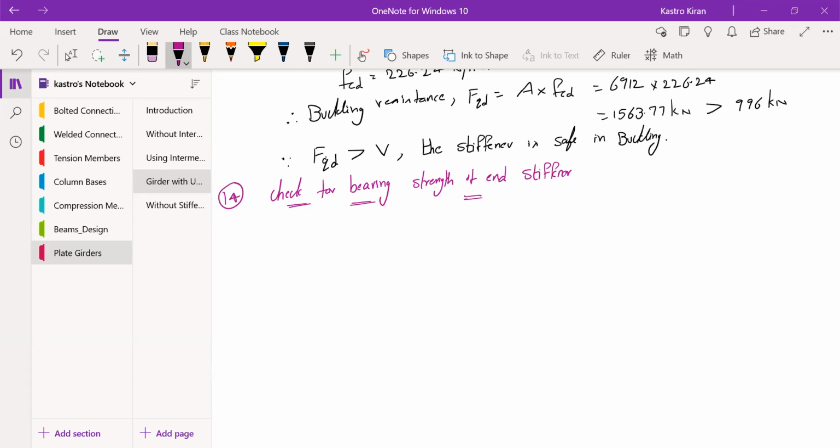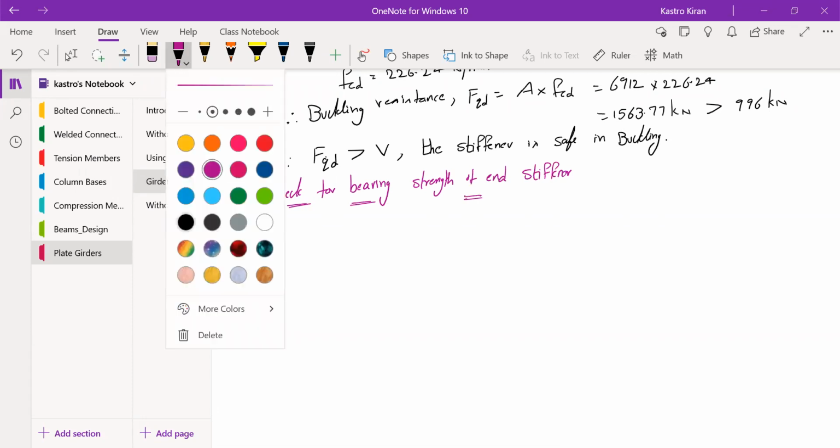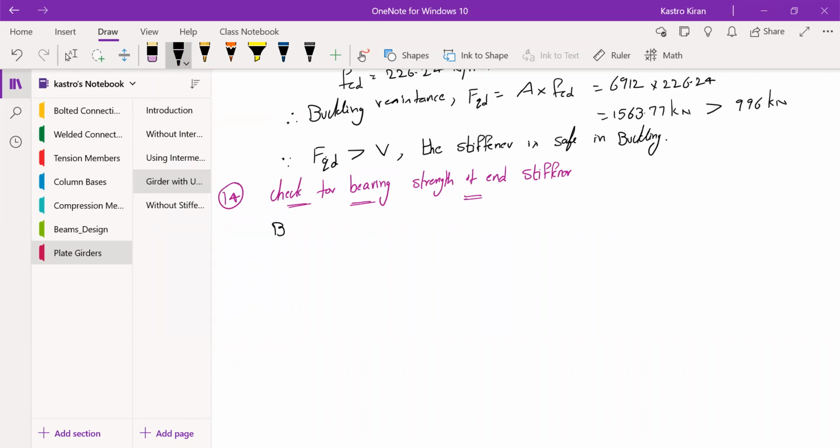In order to check this, you have a specific formula, which is bearing strength is given by FPSD. It is not B, it should be D. So FPSD equals AQ into Fy upon 0.8 into gamma m naught.